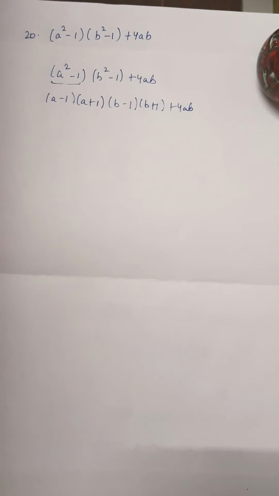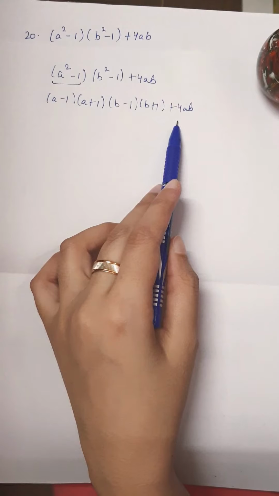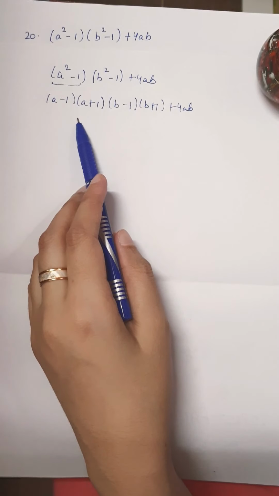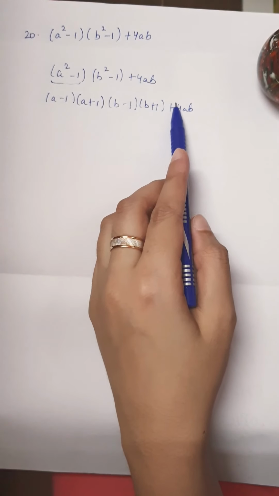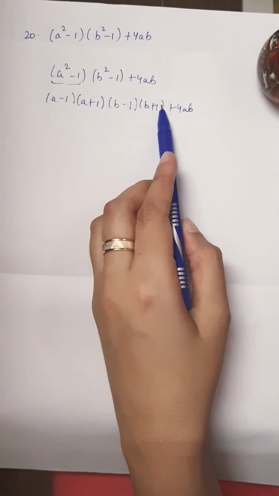Now next step will be, there is nothing common, neither we can go for grouping, neither we can follow middle term splitting, no way will be followed now. So this way is not wrong, but as you can see, this is not leading me anywhere, and unless we have a plus sign in between, the factorization is not done.